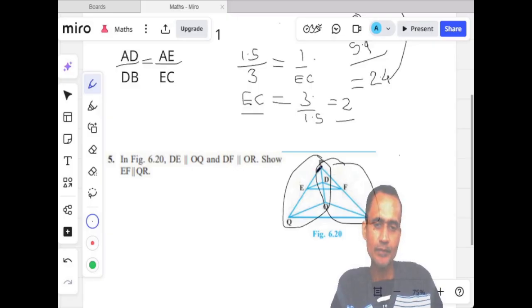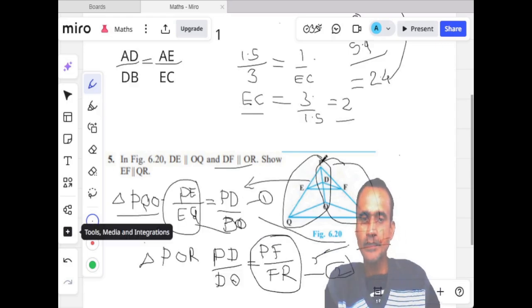So from this first triangle PQO, we get PE by EQ is equal to PD by DO. And from triangle POR, we'll get PD by DO is equal to PF by FR. That means PE by EQ is equal to PF by FR.